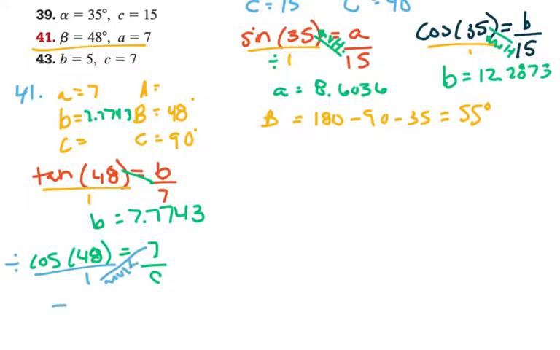So I'm going to do 7 times 1 divided by cosine of 48, and that's going to equal C. And so C is 7 times 1 divided by cosine of 48. So 10.6108.